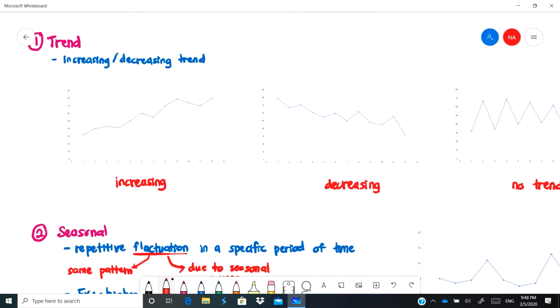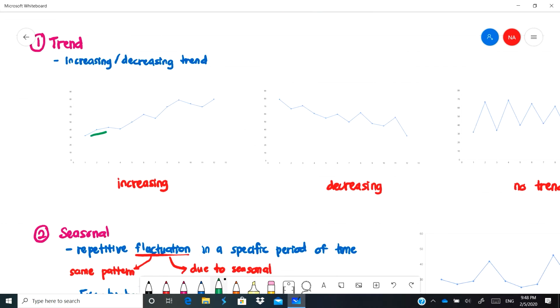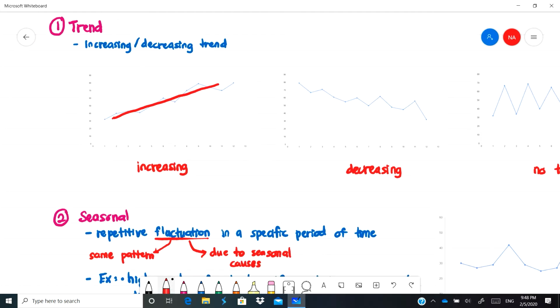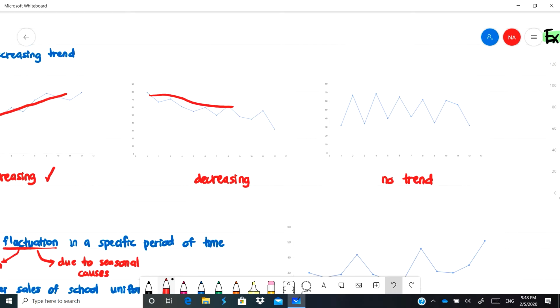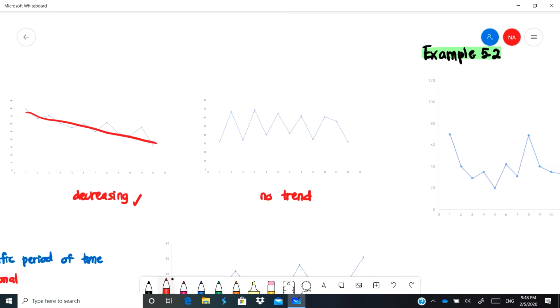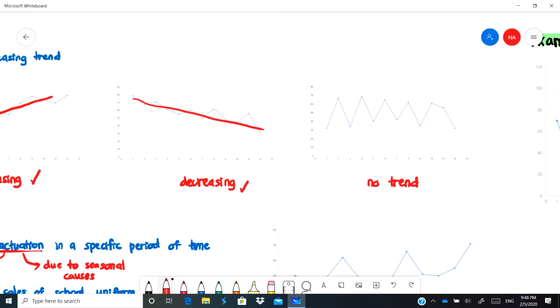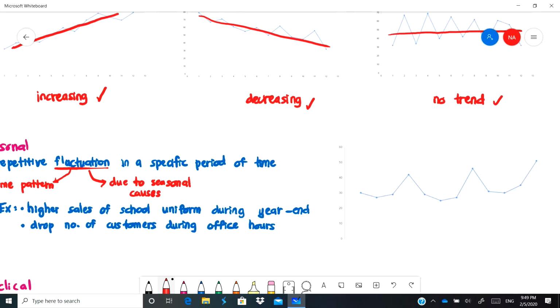Here it is clearly moving upward, so we call this increasing. If it is moving downward, this is decreasing. If it is something like this, you can't say it is either increasing or decreasing, so there is no trend.